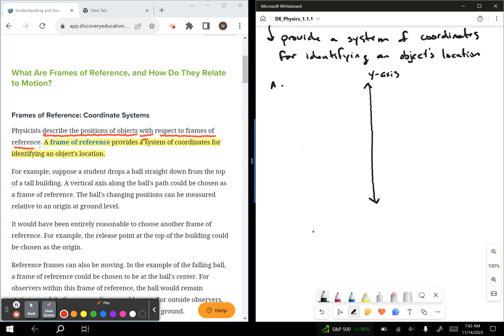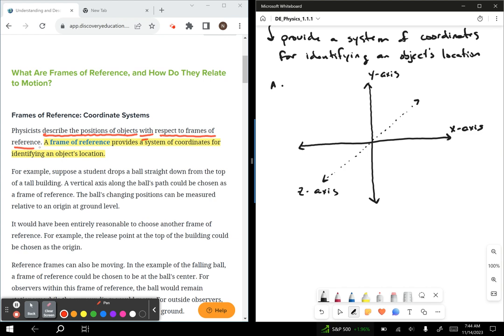You can have an x-axis, and you can have even a three-dimensionality aspect to it, what we would call a z-axis. And things can move along any of these axes points, and we can describe three-dimensional movement this way.